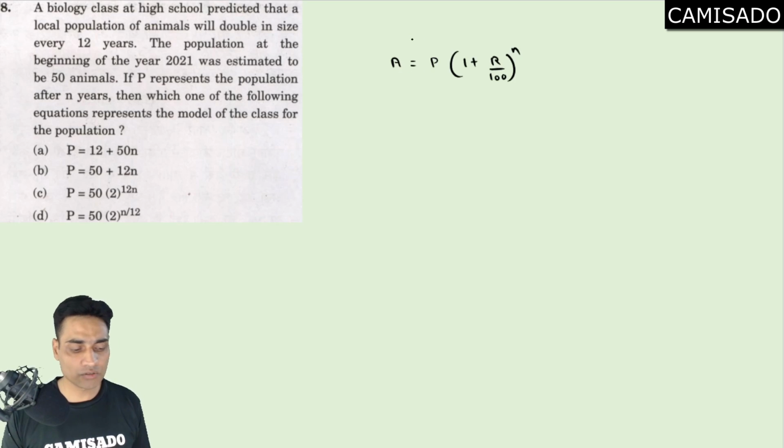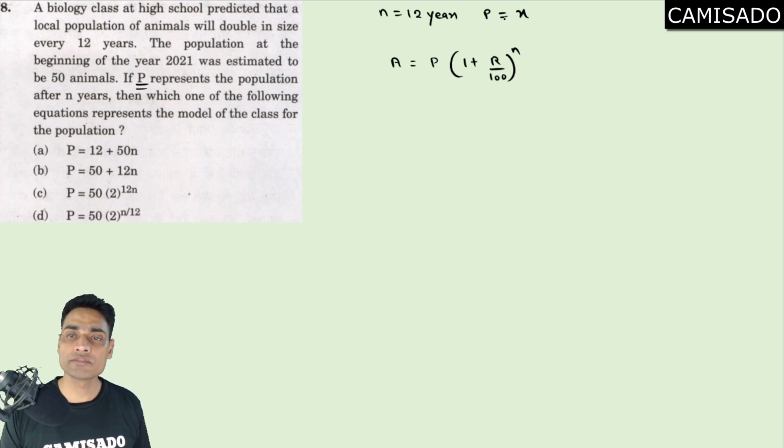So in this particular case, time, meaning n, is given as 12 years. In starting, we have given 50 as the number of animals, but suppose P equals X, I am taking principal, basically I am taking out this P, not this P. Okay, don't get confused. So this will be calculated at the end when we get the value of R.